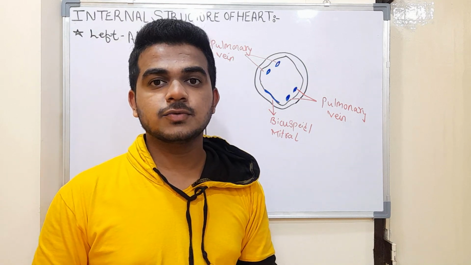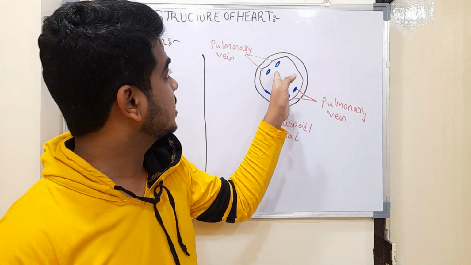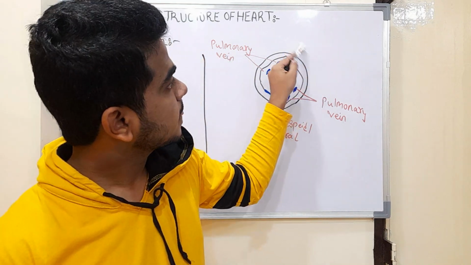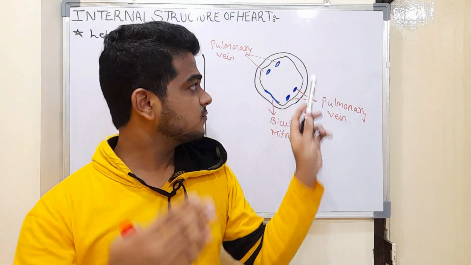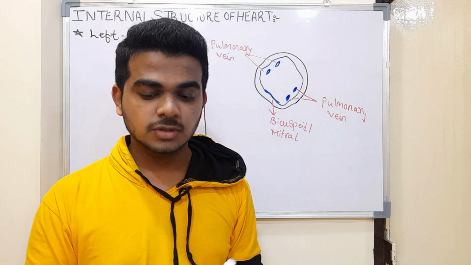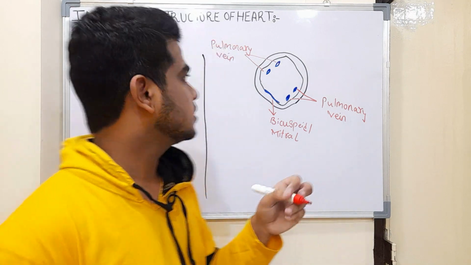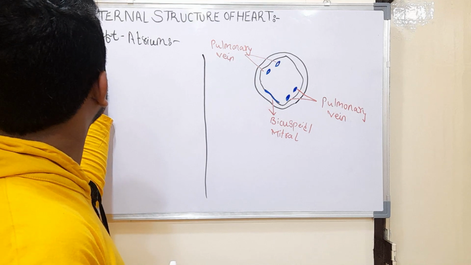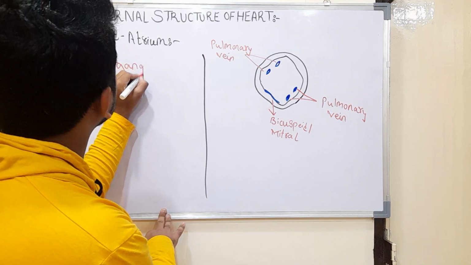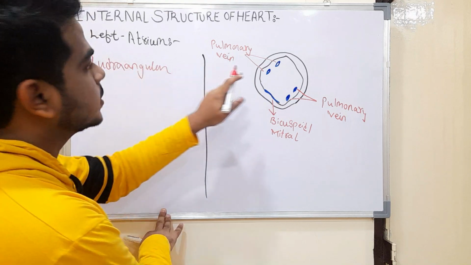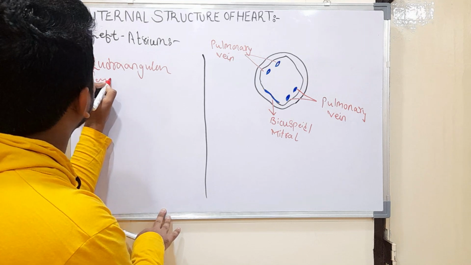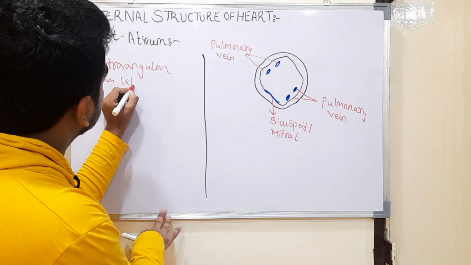When we see the heart structure exactly, there is a left auricle present posteriorly. It forms the upper border of the heart, the left side border, and the inferior border of the heart. So these 4 points you have to write. Quadrangular shape. Then it forms the left side.